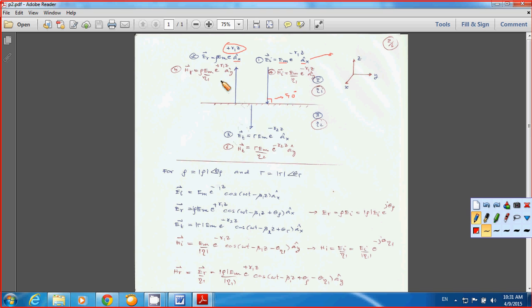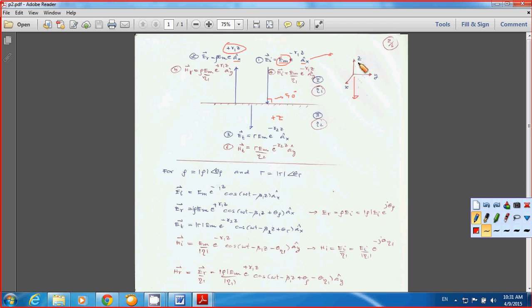And step number 3, you can write the transmitted electric field equal to the transmission coefficient tau multiplied by EM, and then multiplied by exponential negative gamma 2 Z. Actually, sorry, this is represented by moving in the positive Z direction.